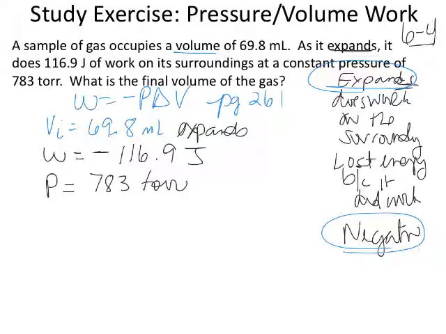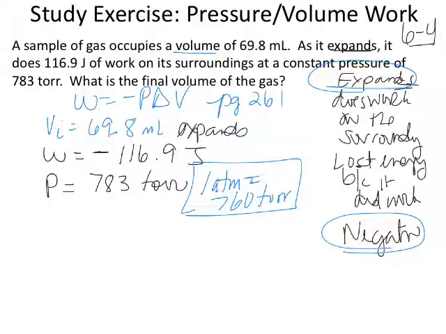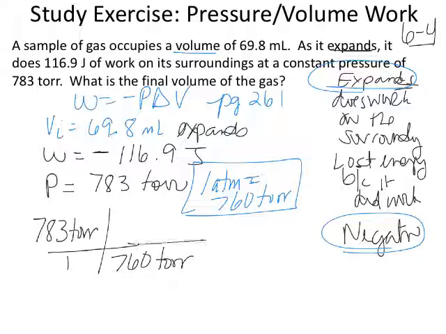Now when you get torr, you need to convert torr into atmosphere. So you should have memorized from last chapter that 1 atmosphere equals 760 torr. So we can convert 783 torr by 760 torr for 1 atmosphere.